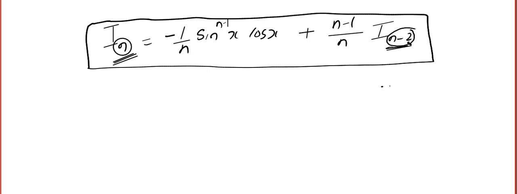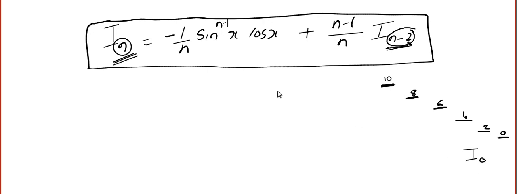Now, let's imagine we are at the 10th step. So when I perform this, I will reach step number 8. Then I will reach step number 6, step number 4, step number 2, and finally 0. So ultimately I will reach I_0.